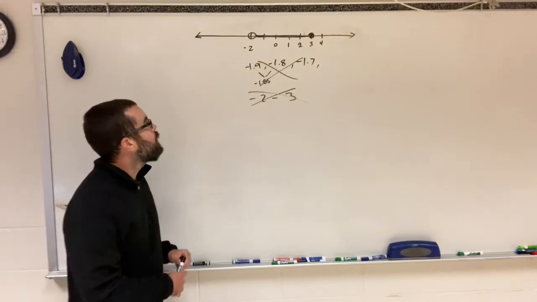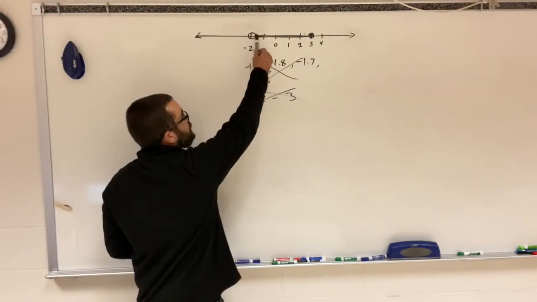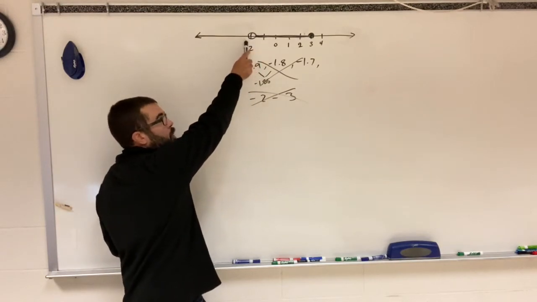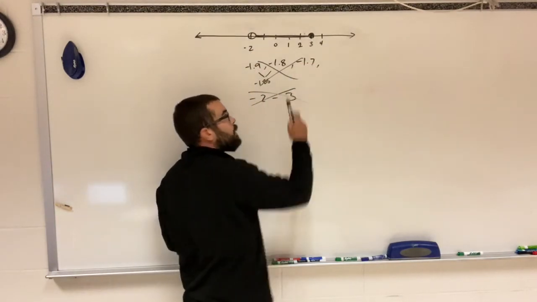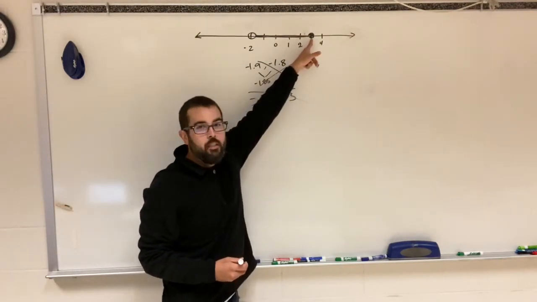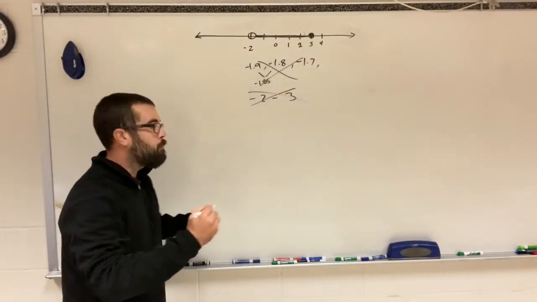So what we want to say is that x is bigger than -2, and strictly bigger than because of this open dot, but less than or equal to 3. And we can be equal to 3 because of this closed dot here. So let me write this down.